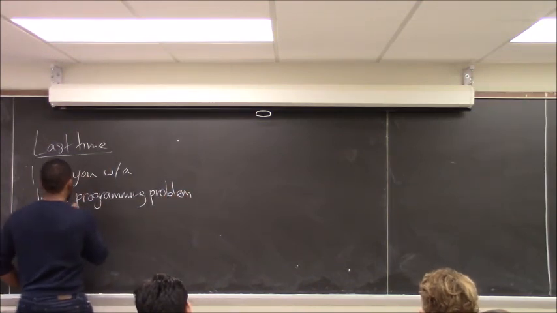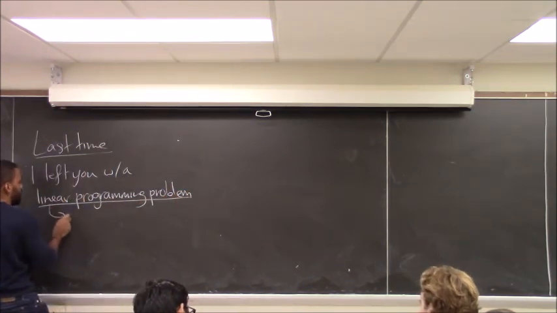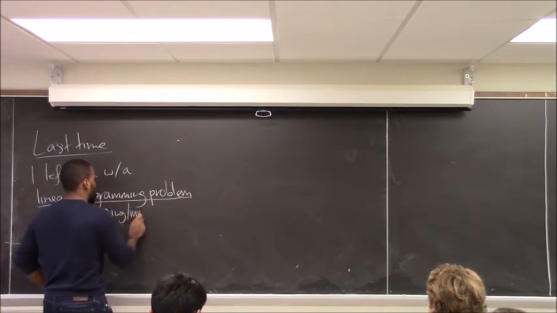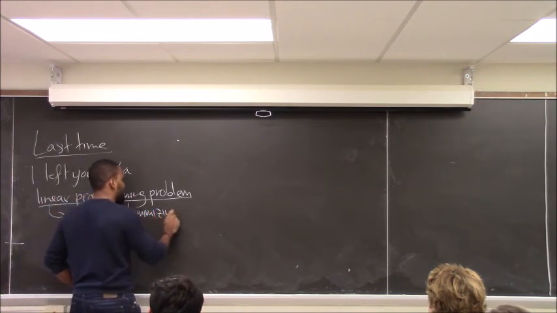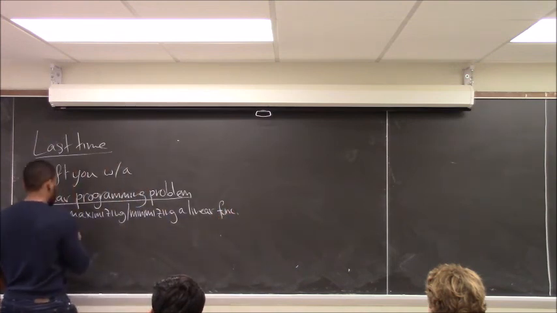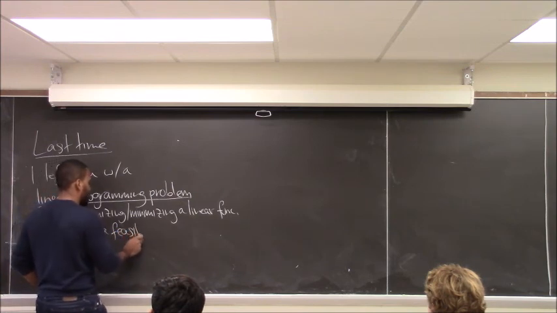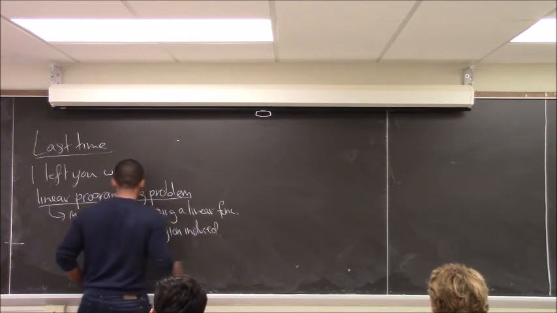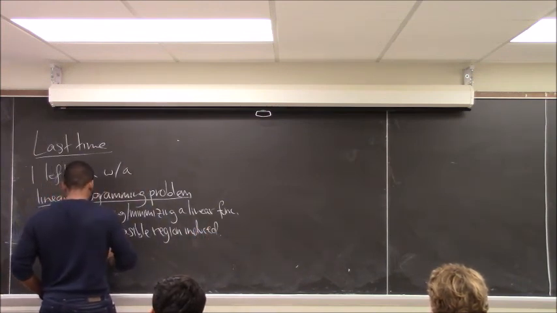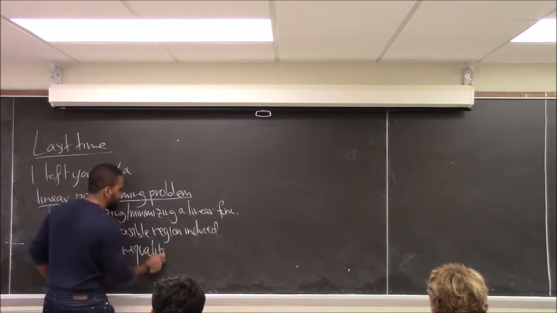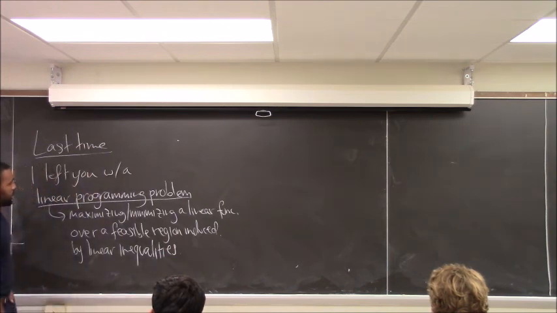So, basically, this was the problem of maximizing or minimizing a linear function over a feasible region, reduced by linear constraints, linear inequalities. Okay, so that's called a linear programming problem.